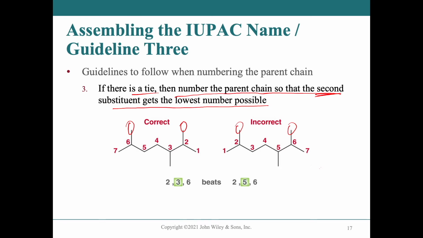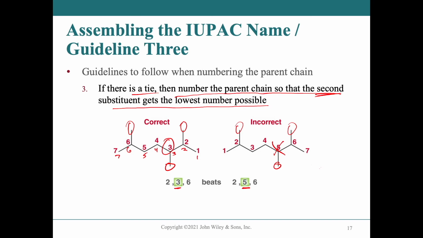So we have to go to the second substituent. And here, the second substituent is this methyl here, and this methyl here, right? And so we want the second substituent to have the lowest number, so it's going to be 3, not 5, okay? Because 3 is lower than 5, and that's why we name it this way. 1, 2, 3, 4, 5, 6, 7.